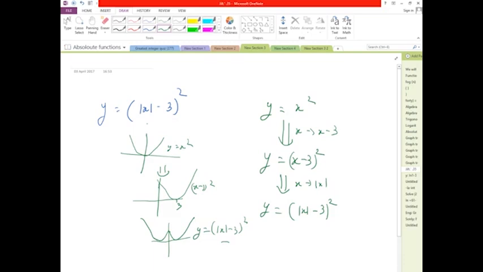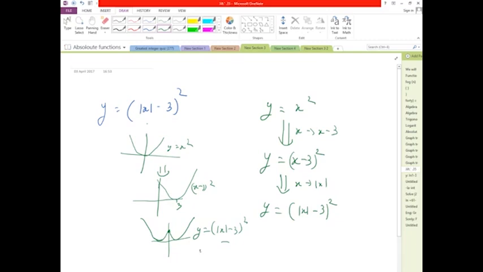And so the way graphs are useful is just by looking at them. Sometimes the question will be directly on the graph, but many times the question can have implications which can be drawn very easily from the graph. If the question asked, for what value of y will y equal to (mod x minus 3) square have 4 values of x?